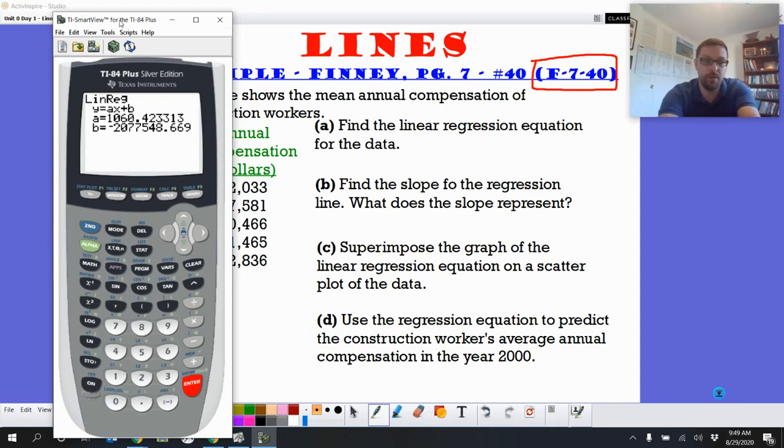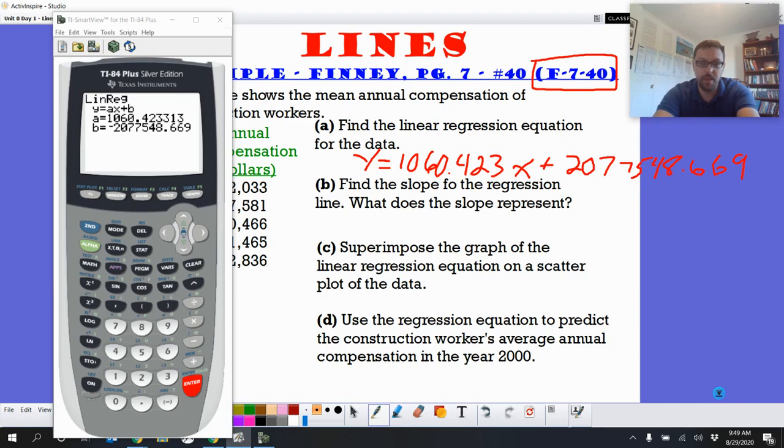So our linear regression is y equals 1060.423x plus, oh God, what is this number? 207,754.8669.